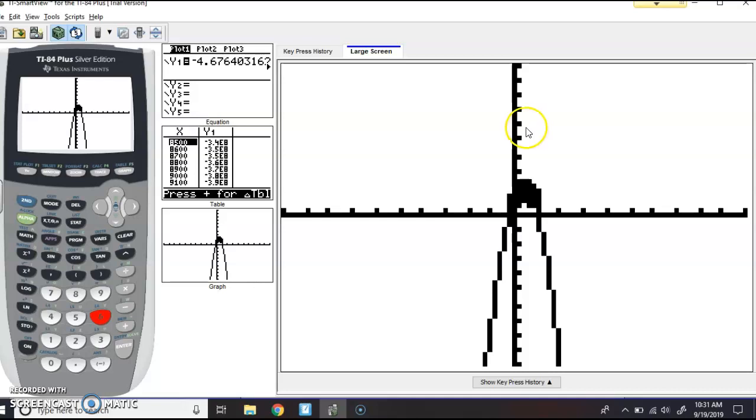So you can zoom in a lot. Okay, once we're there, we can use the information we have to write the other equation.